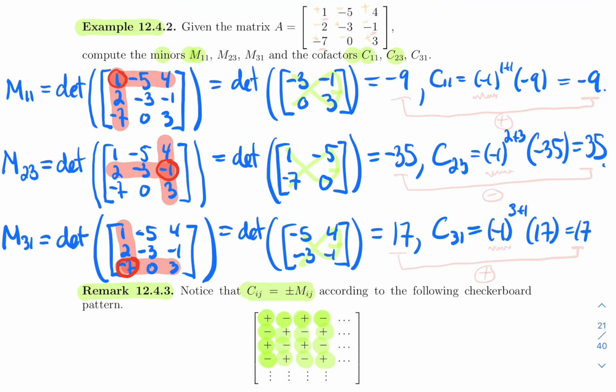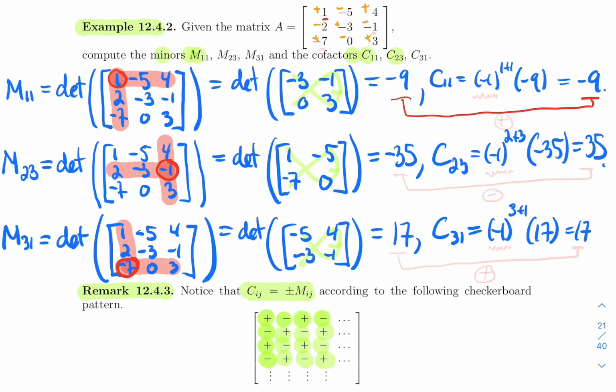If we go back to our previous example, the first thing I like to do when you have to compute minors and cofactors is to draw that checkerboard pattern. So this is a plus position, minus, plus, minus, plus, minus, plus, minus, plus. For the cofactor at 1, 1, we saw that minus 9 did not change sign because you're at a plus position.